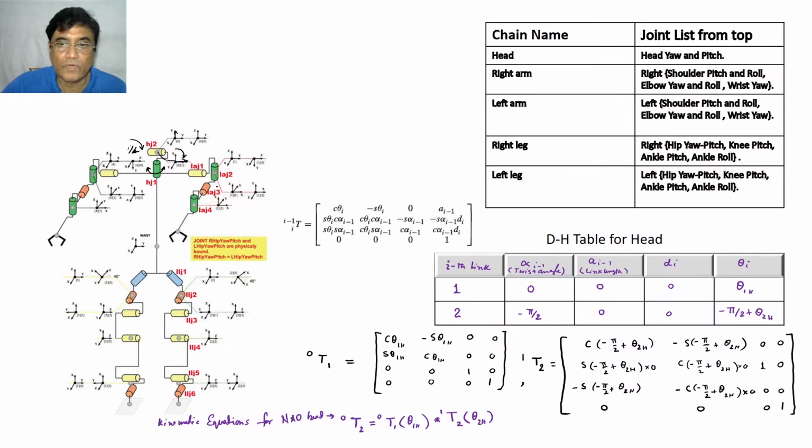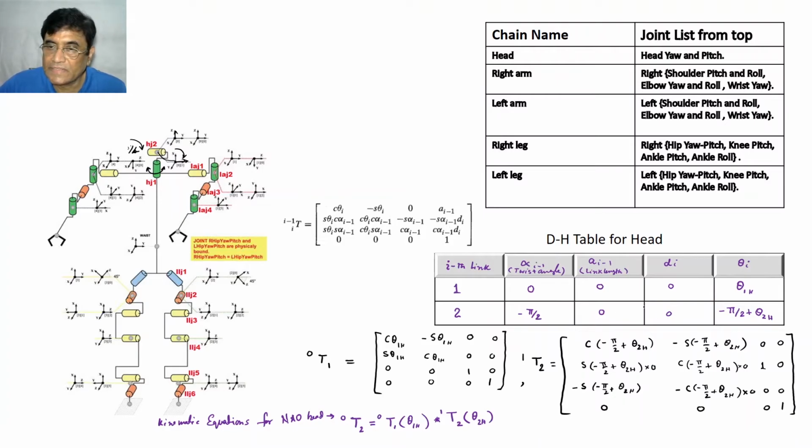It is clockwise, so it has to be minus, as per convention. Clockwise rotation, looking from this direction. It's clear, I believe. So this is our Z0 and Z1. Z1 is rotated in a clockwise direction by 90 degrees, so it will be minus pi by 2.